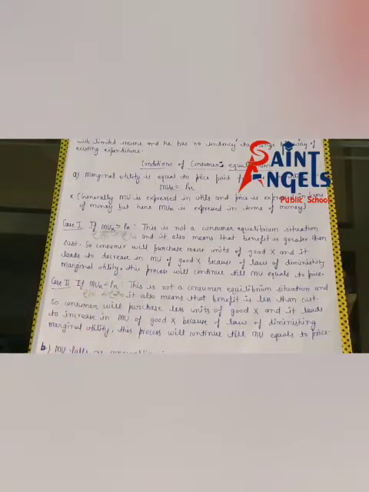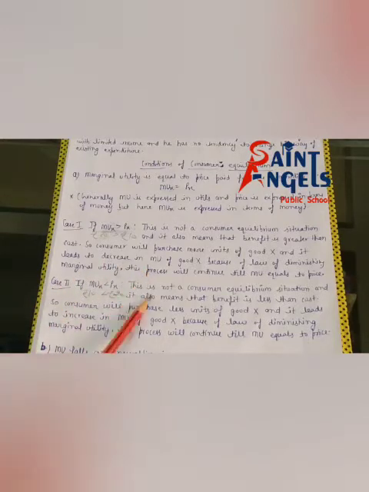Because if we say that as we consume more and more units of a commodity, marginal utility goes on decreasing, then vice versa, as we consume less and less units of a commodity, marginal utility goes on increasing.